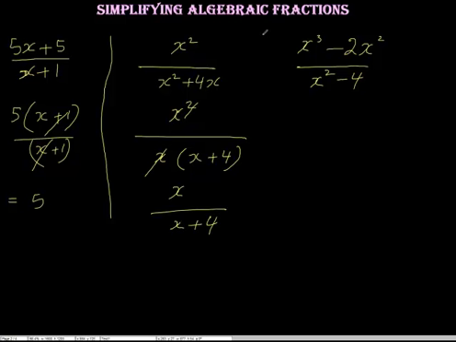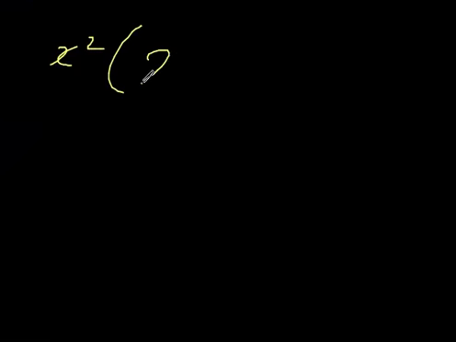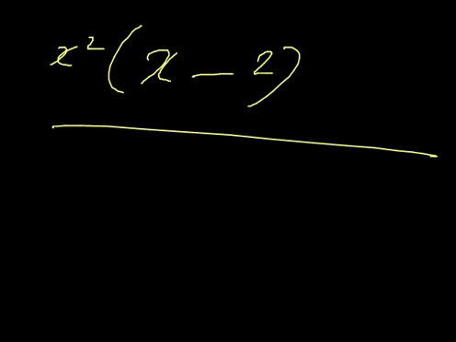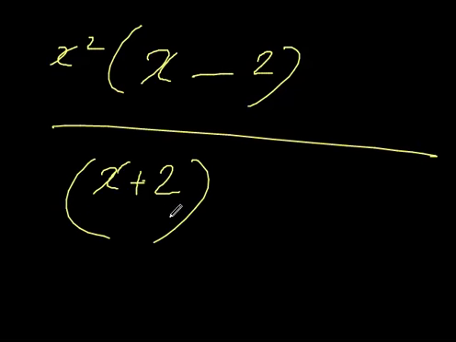I hope you would have got this. Now if I look at the top bit, I've got x squared as a common factor because I've got x cubed and x squared. When I divide x cubed by x squared, I'm left with x, and 2x squared divided by x squared is 2. The bottom can be factorized, that's a difference of two squares, so x plus 2 and x minus 2.